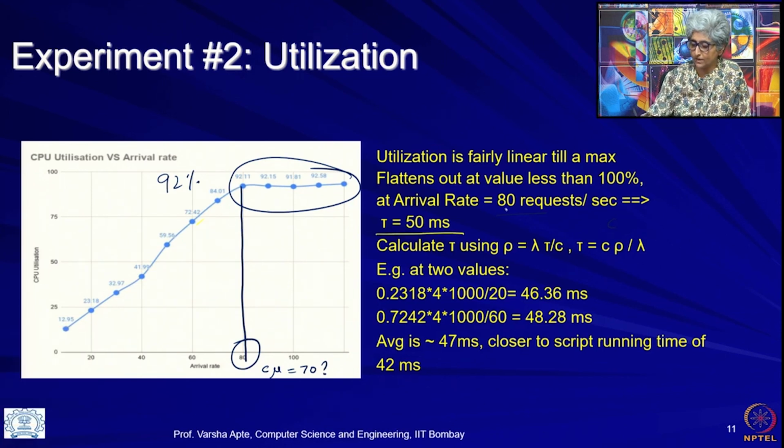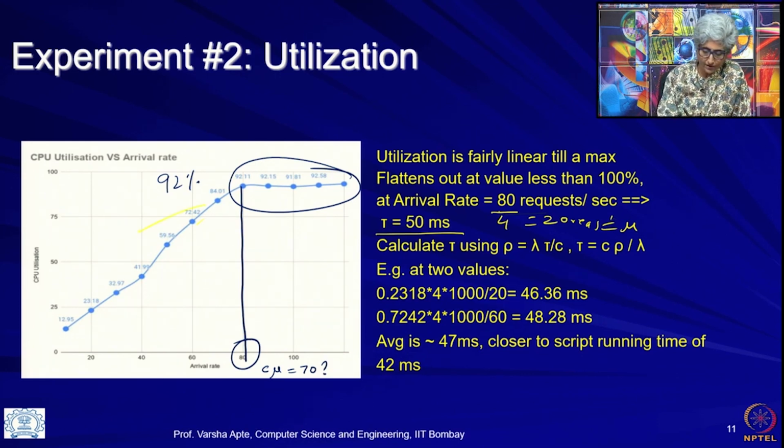If 80 is the C mu, divided by 4, 20 requests per second is mu, and then the inverse of that will be tau, which is 50 milliseconds. So, this is yet another estimate of service time that we have.